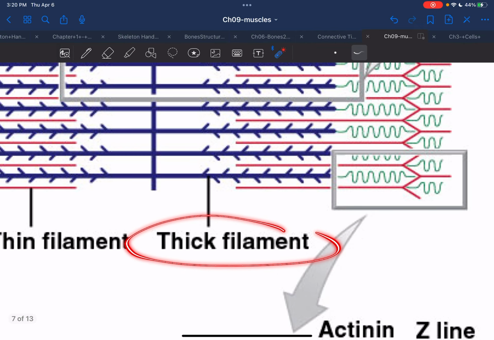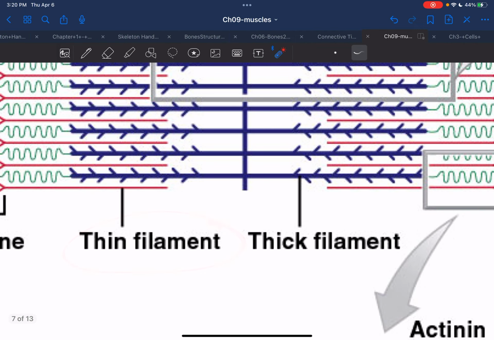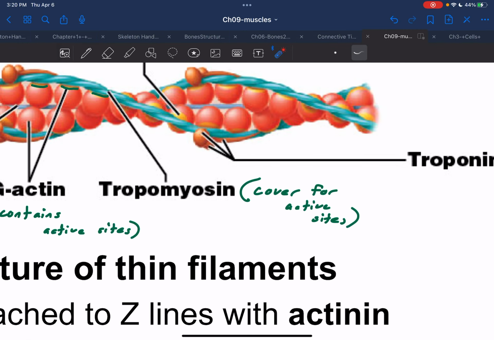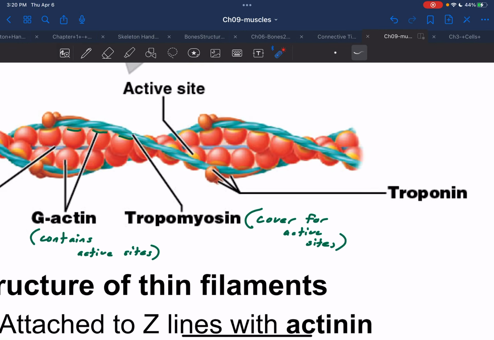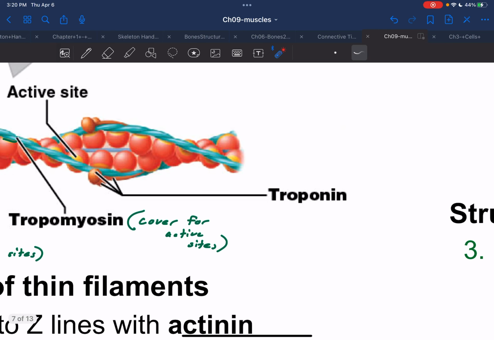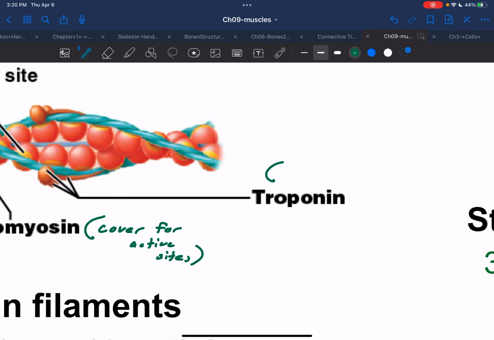So when you look at thick filament and thin filament, this relies on them to interact. And that's where we're picking up on our narrative here, is that our tropomyosin serves as a little cover for our active sites. And then troponin is, for the sake of understanding, our gatekeeper.